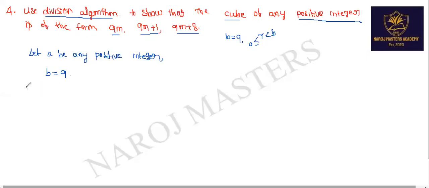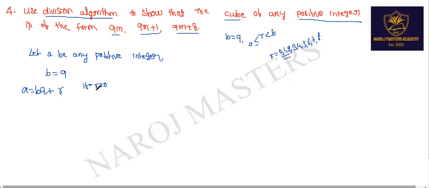So a is equal to bq plus r. Now substitute the value of b and r here. So here only 3 terms we have. So take r equal to 0, 1, 2, that is enough. But we can take up to how much? Up to 8: 2, 3, 4, 5, 6, 7, 8. But we have only 3 terms here, so just take up to 2. That is enough.